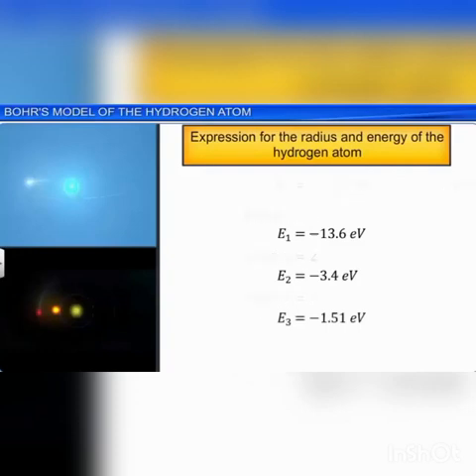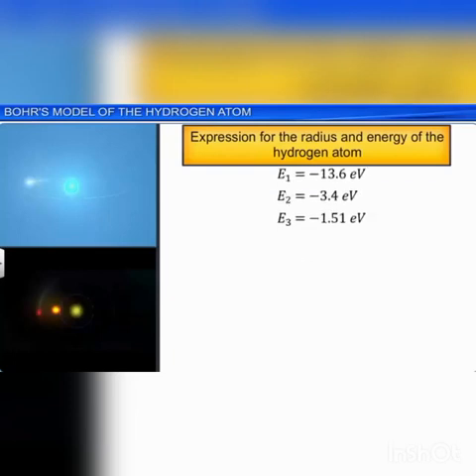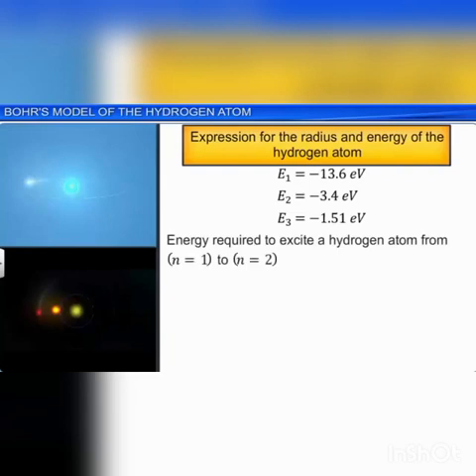So, to excite a hydrogen atom from the ground state where n is equal to 1 to the first excited state where n is equal to 2, the energy required is E2 minus E1. This is equal to minus 3.4 minus minus 13.6, which is equal to 10.2 electron volts.